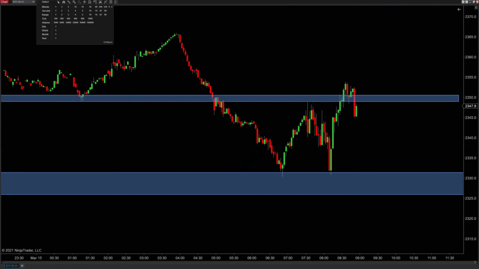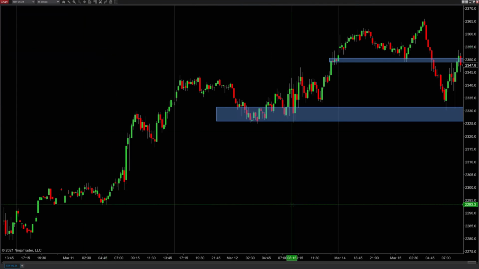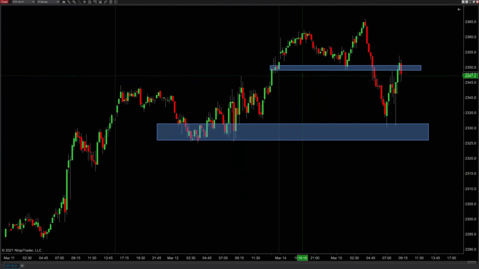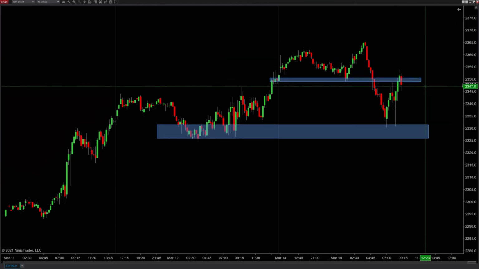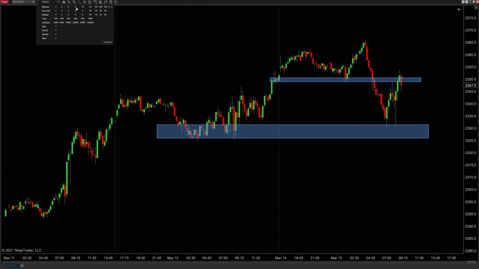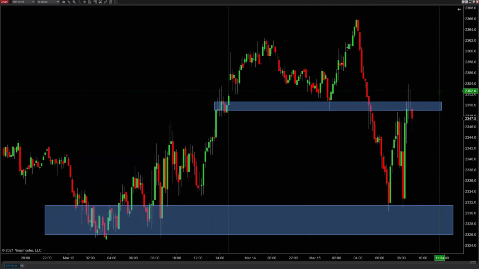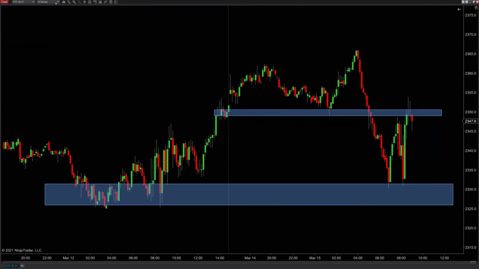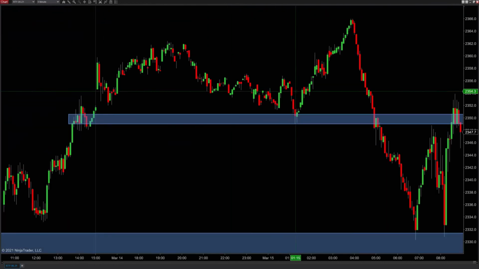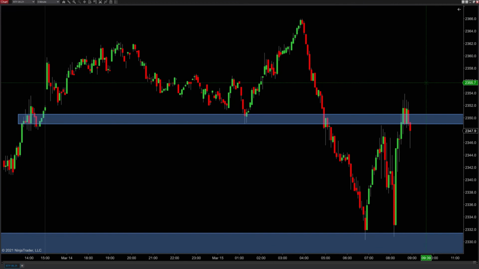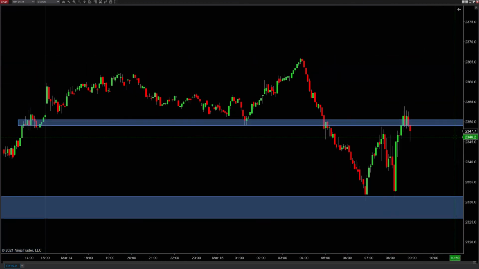So once again, let's just go through. Starting on a 15-minute chart, we had resistance. Price came in and started to roll over. This is a 15-minute chart. You can't see it as clearly. But on a 5-minute chart, you see action punching down through here.